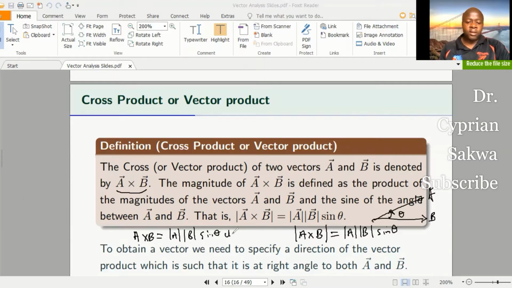This will give us the direction of A cross B, because you remember that A cross B is a vector quantity. That means it must have magnitude and direction. So its magnitude is this, and then this will be the direction.